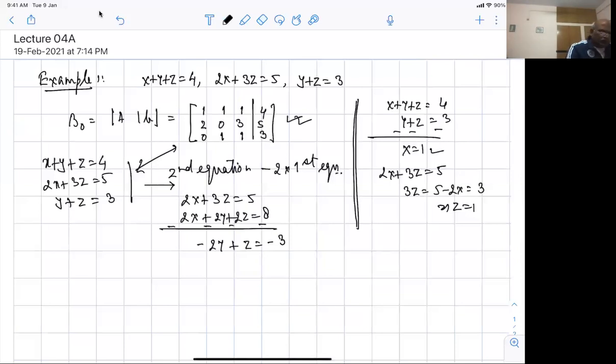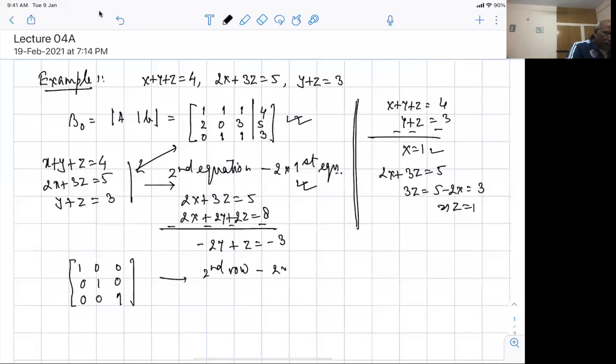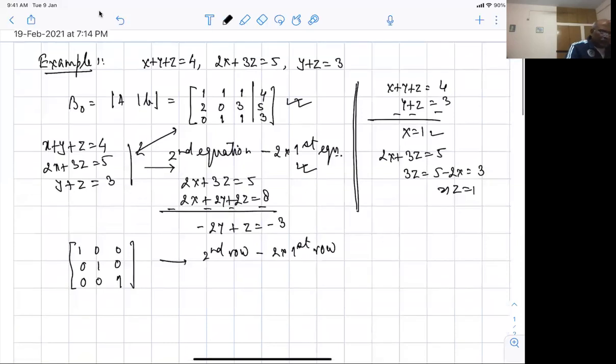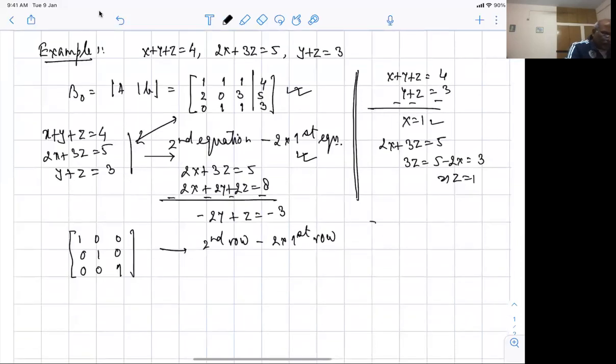What I see here is that I'm looking at the second equation minus 2 times the first equation. So let's try to understand it. I have the identity matrix, which is a 3 by 3 matrix. I do the same thing here: I look at the second row minus 2 times the first row. I'm just replacing the second row.